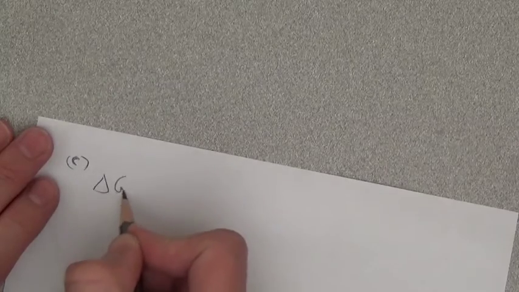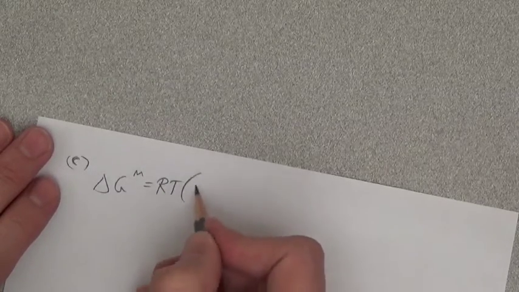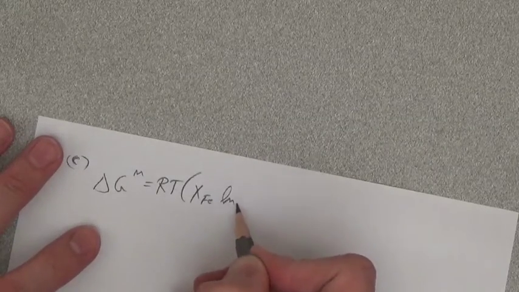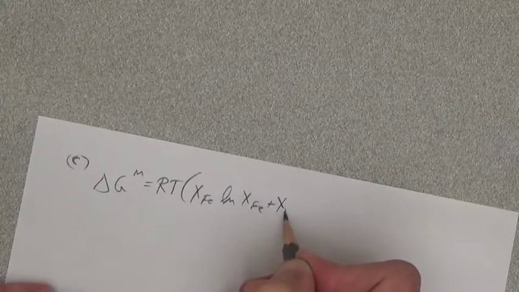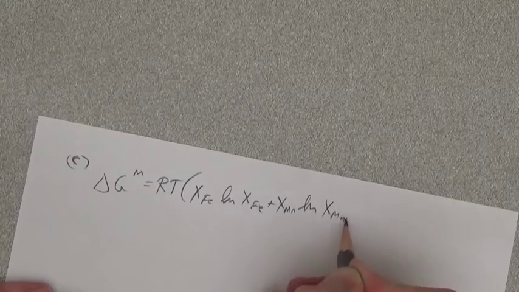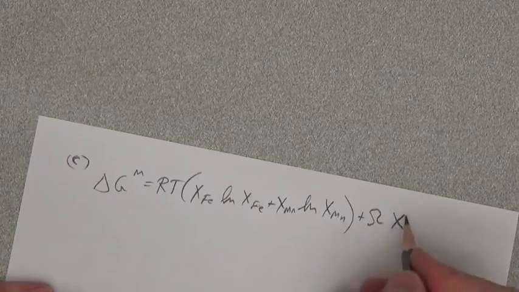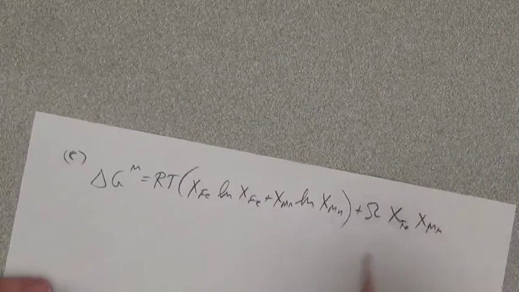And to do that, we have delta G M is equal to RT times the mole fraction of iron, natural log mole fraction of iron, plus X Mn ln X Mn, plus omega times the mole fraction of iron and the mole fraction of manganese.